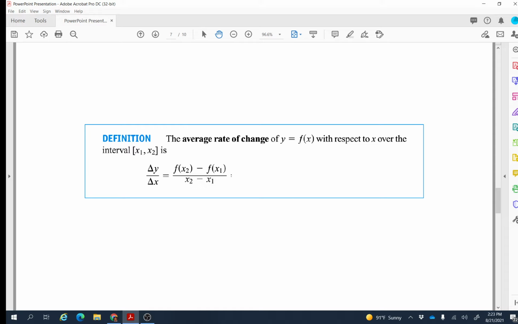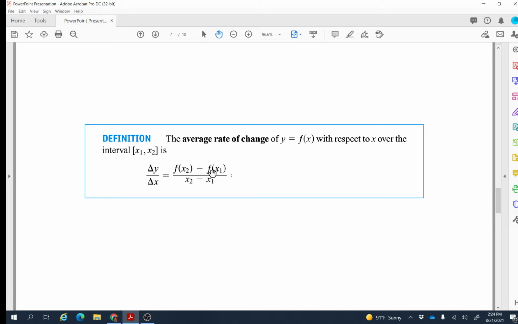And if you want to find the average rate of change of any function, we can do the very same thing. Let's say a function y equals f of x, and we would like to find the average rate of change of this function over the interval x1, x2. Then this is just del y, the change in the value of y, over del x, the change in the value of x, which is the y value at x2 minus the y value at x1.